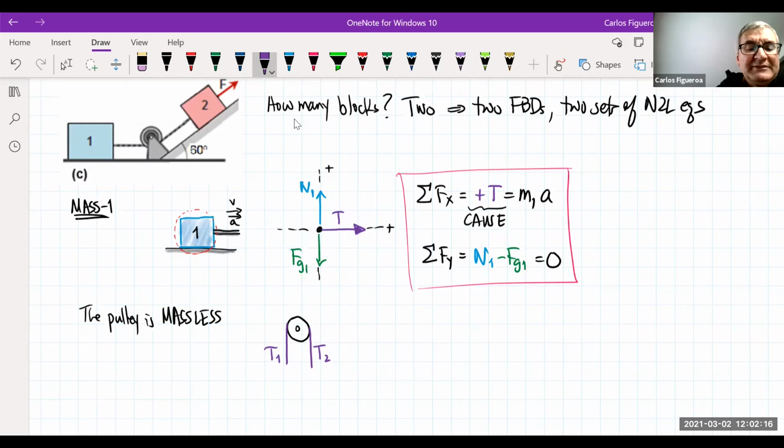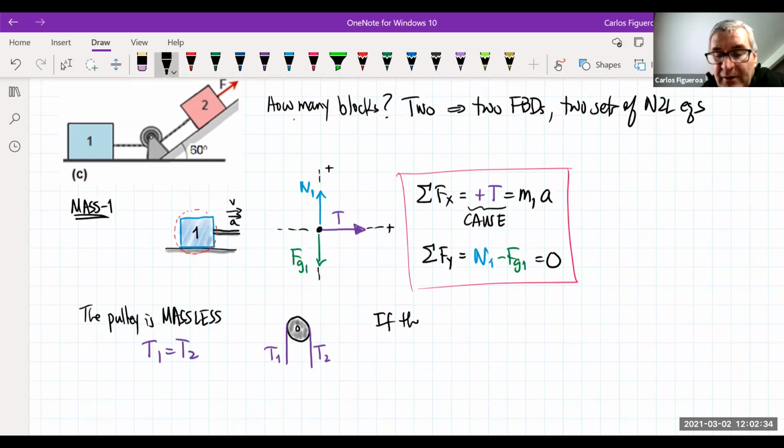If a pulley is massless, then tension 1 is exactly the same as tension 2 when you have a massless pulley.